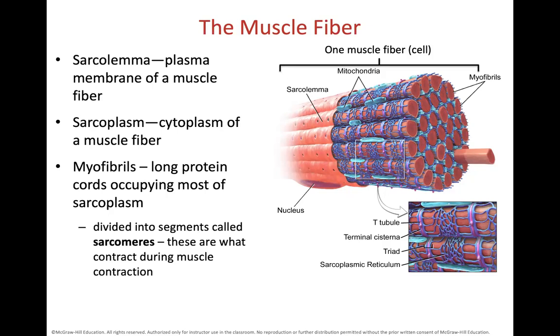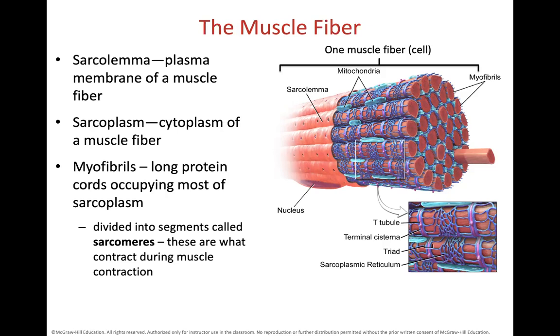So here we have one muscle fiber or cell. This whole thing, remember, has a bunch of myofibrils inside of it. So the sarcolemma is the membrane around that cell. The sarcoplasm is essentially the cytoplasm, so just the liquidy filling within the cell.